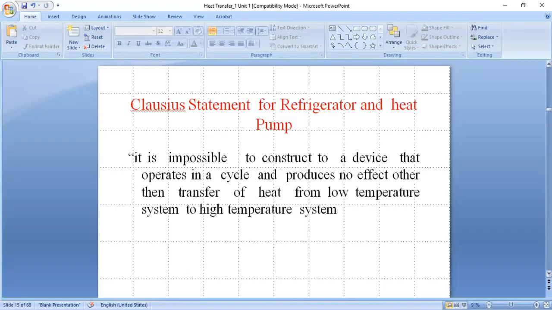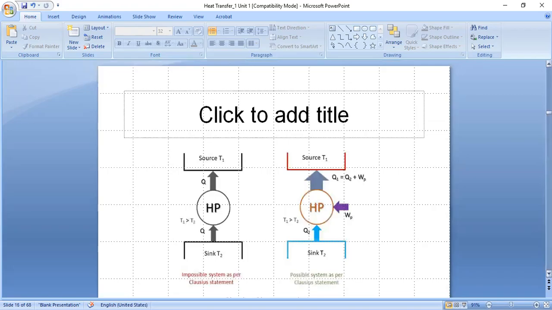That is called a refrigerator. See, the heat pump is the reverse of the refrigerator. It is impossible to construct a device that operates in a cycle and produces no effect other than transfer of heat from a low temperature system to a high temperature system. Low temperature system to high temperature system. This is called a refrigerator.